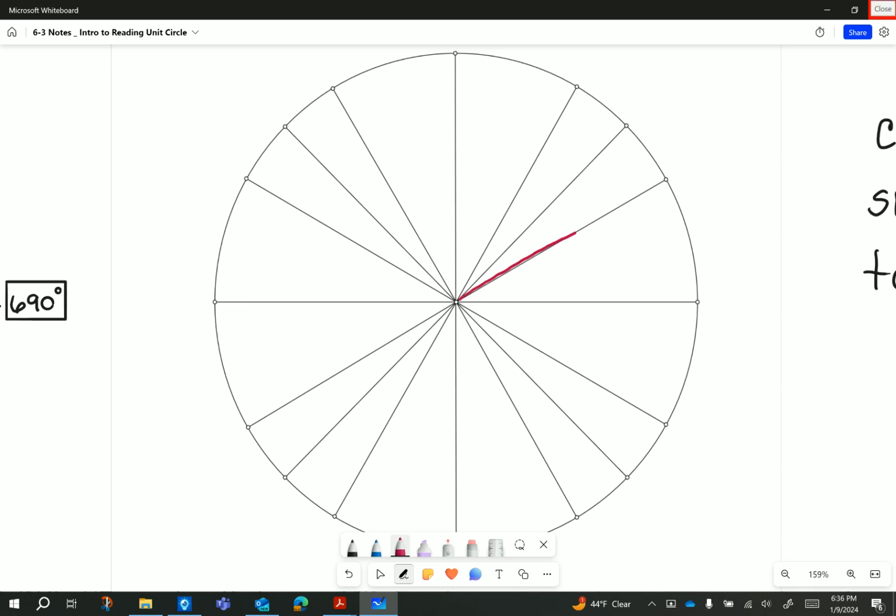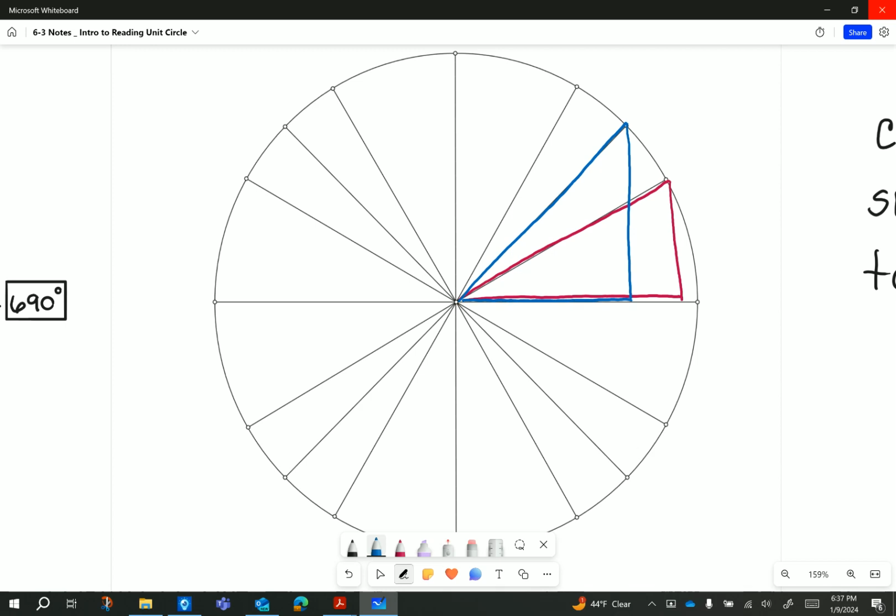This triangle right here, which special right triangle does it look like? Does it look like the 30, 60, 90 or the 45, 45, 90? This one right here in blue.